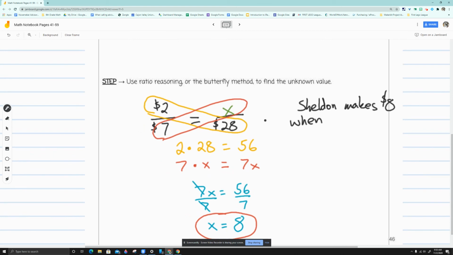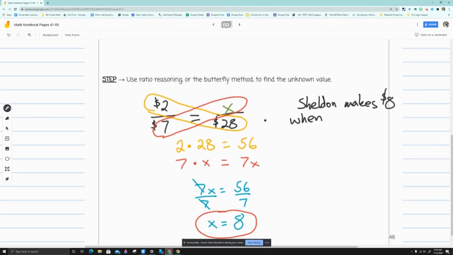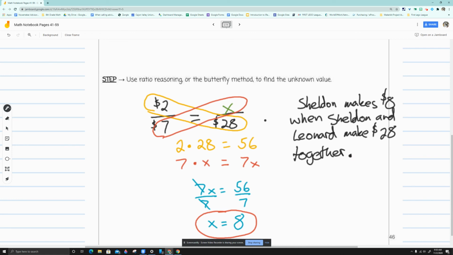And Leonard make $28 together. And I have proven my claim because I've shown the work. I showed the work with the equivalent ratios using the butterfly method and finding the answer.